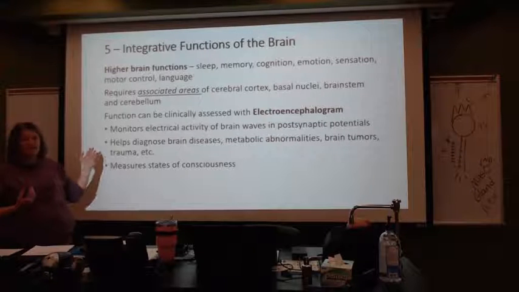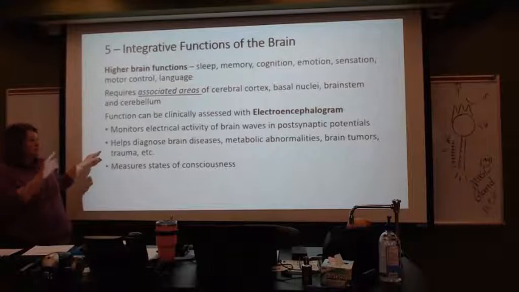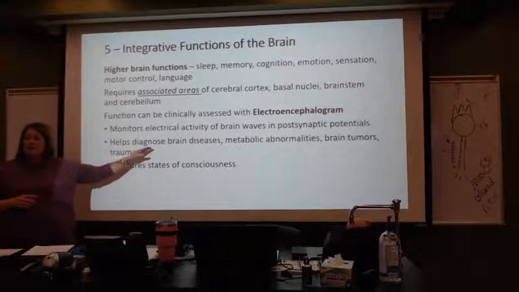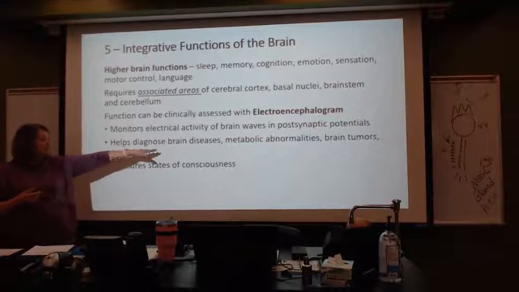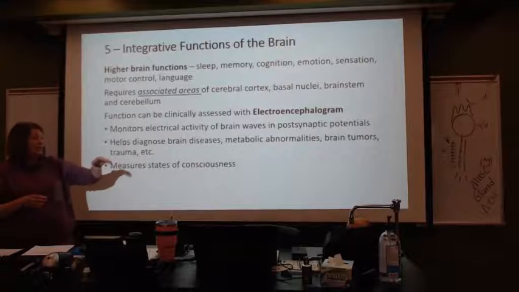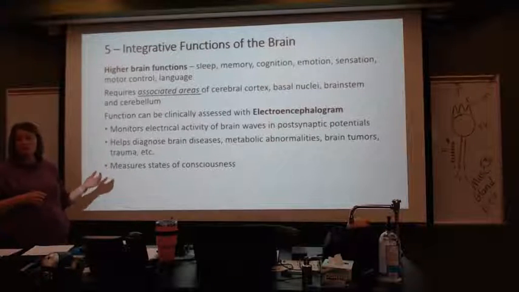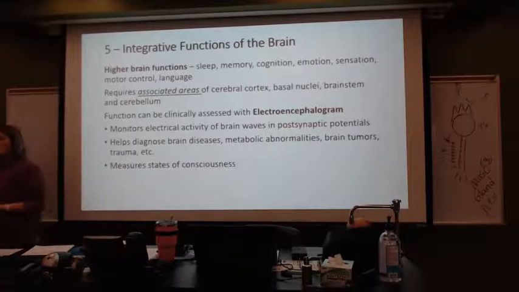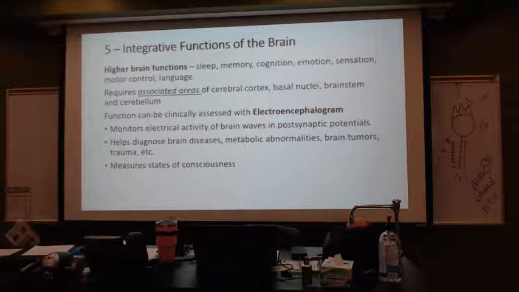If not, this EEG can help predict diseases, metabolic abnormalities, brain tumors, trauma, damage to certain portions of the brain, and the doctors can use that information to try to help treat the activity occurring in the brain.